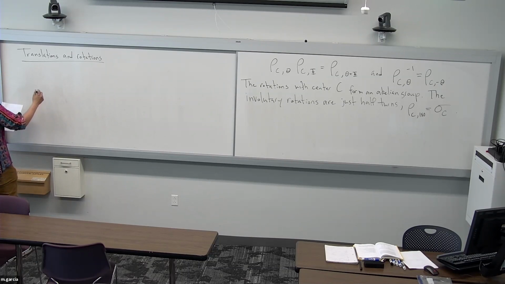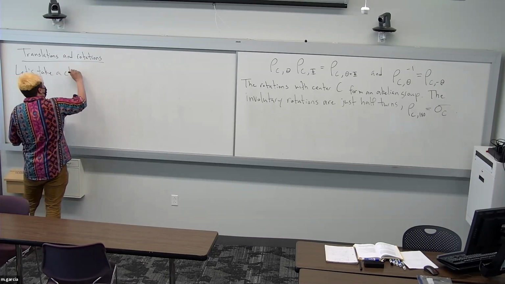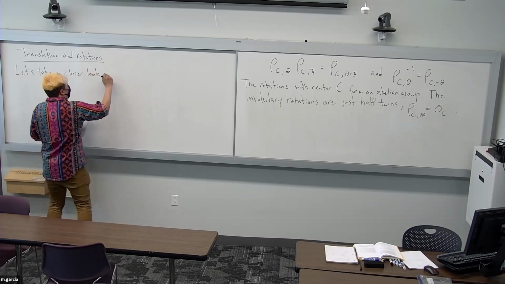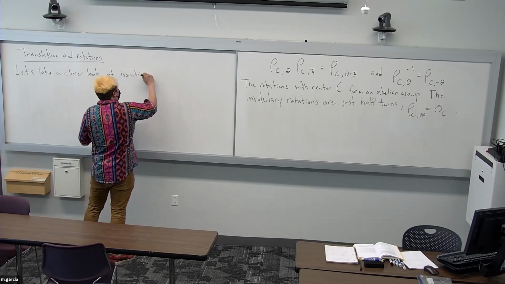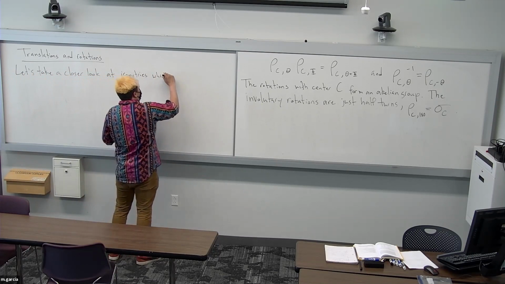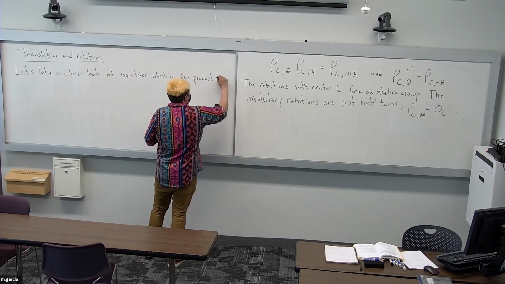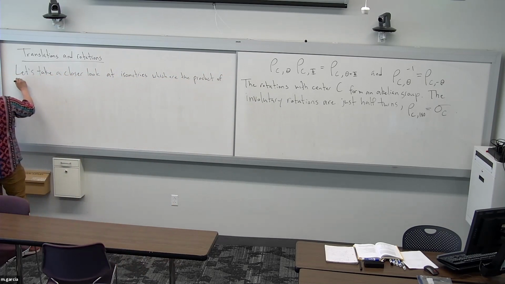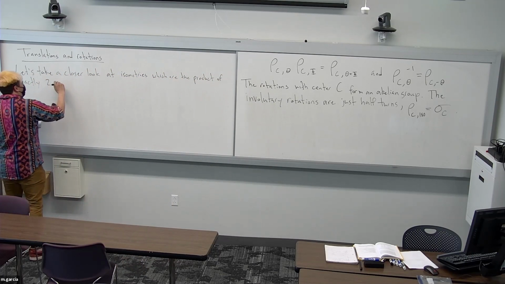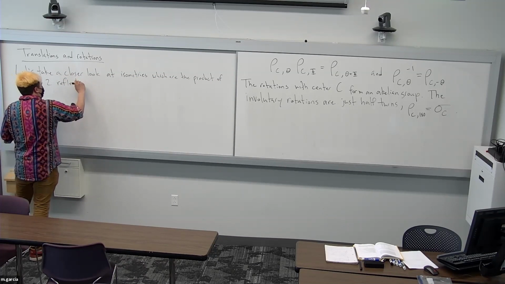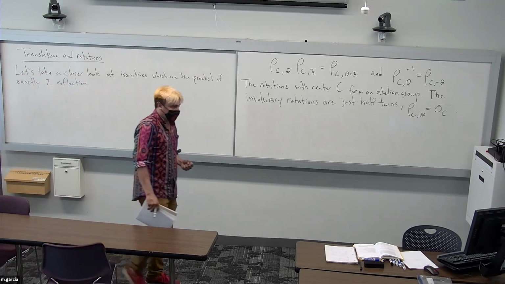Okay, so let's take a closer look at isometries which are the product of exactly two reflections. Well, first of all, every reflection is involutive, right?